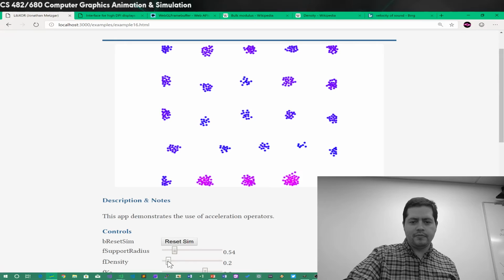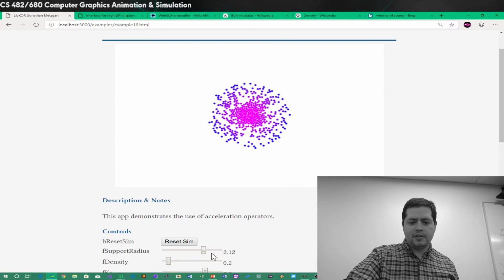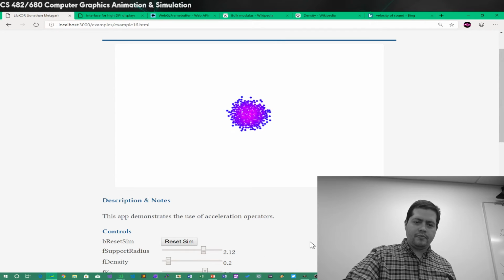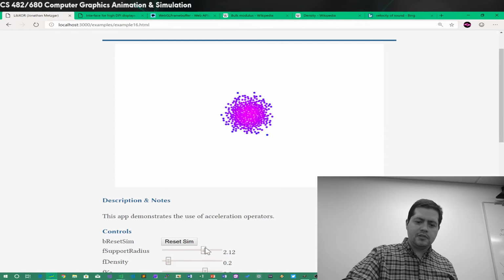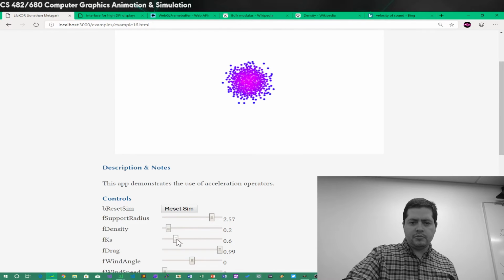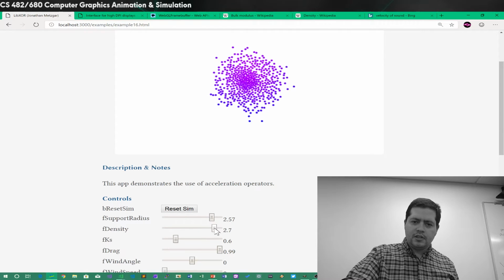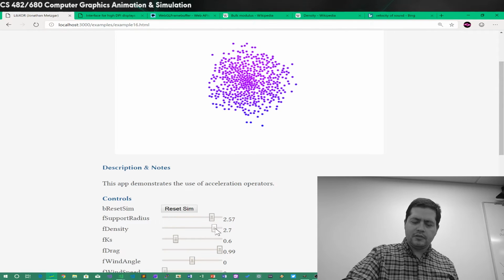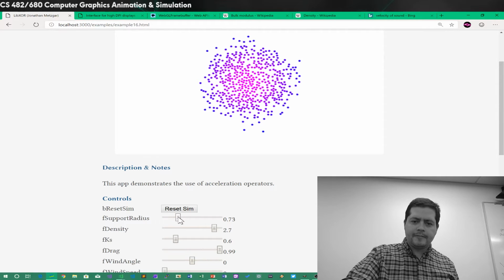Let's see if this is... Oh, reset. They normally merge together, and then maybe I have to do something with the KS. The collision system is having problems inside that ball. Not necessarily. I should have written this down. And it might just be the visuals though.